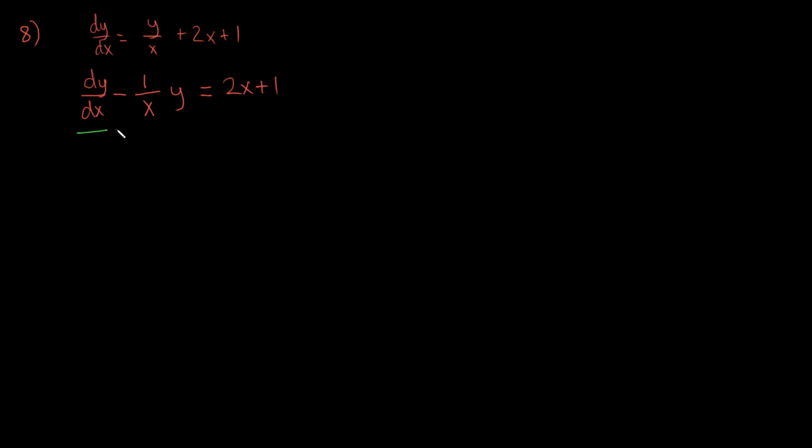Then we have a function purely of x times y. All right, check. Equaling a function purely of x. All right. We have all of our checks. This is indeed a linear first-order differential equation, and because of that, we can use our method of integrating factors to solve it.